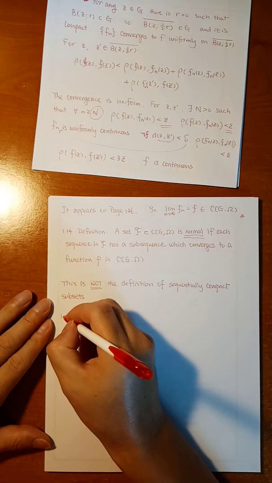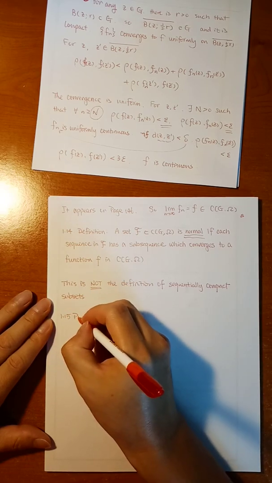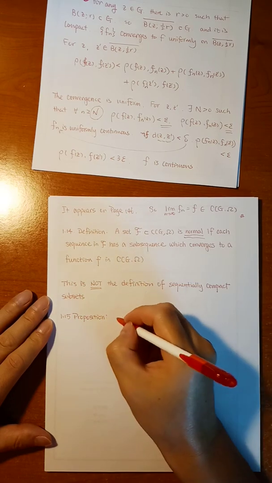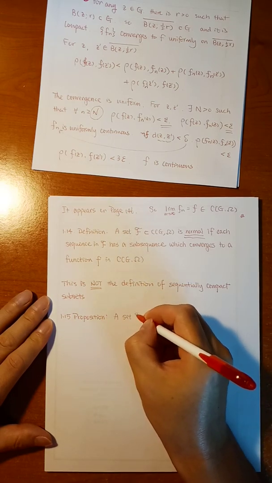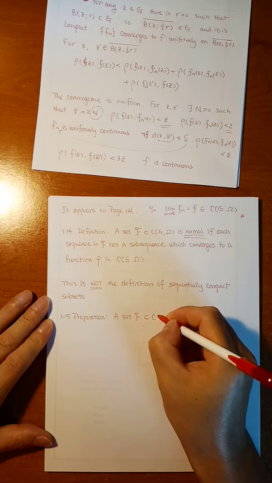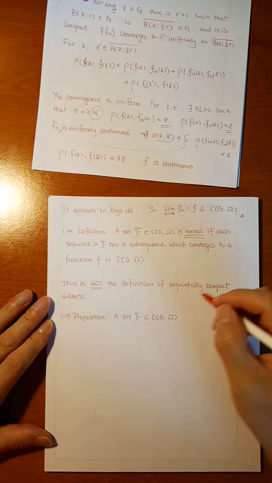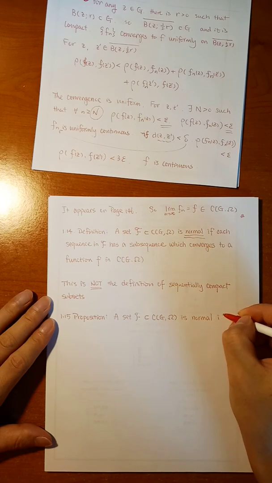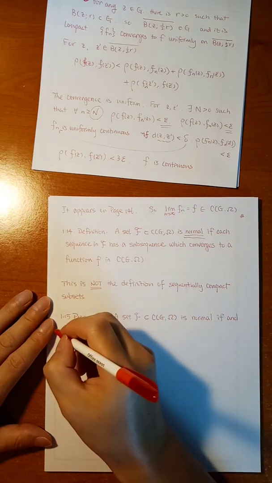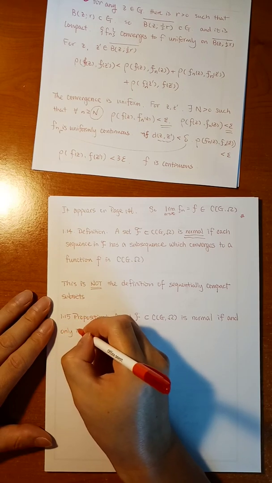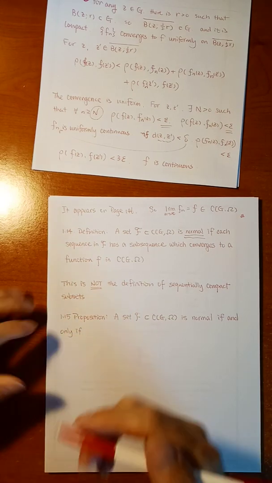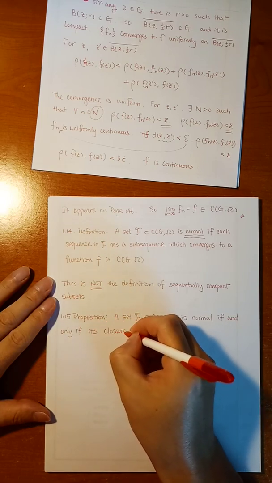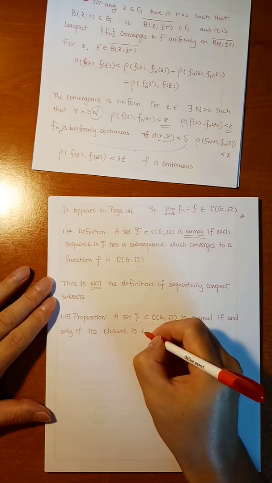So the obvious proposition is that a set F in Cg omega is normal if and only if its closure is compact.